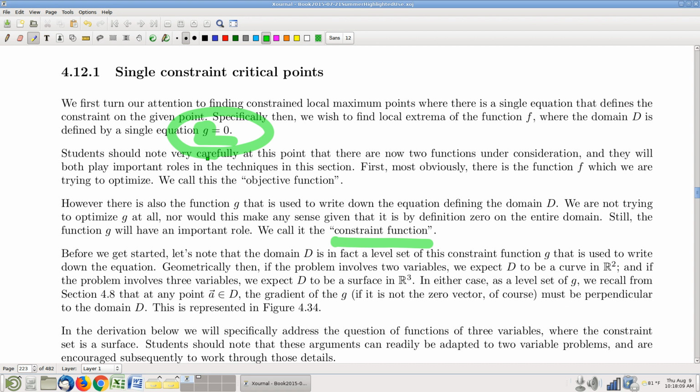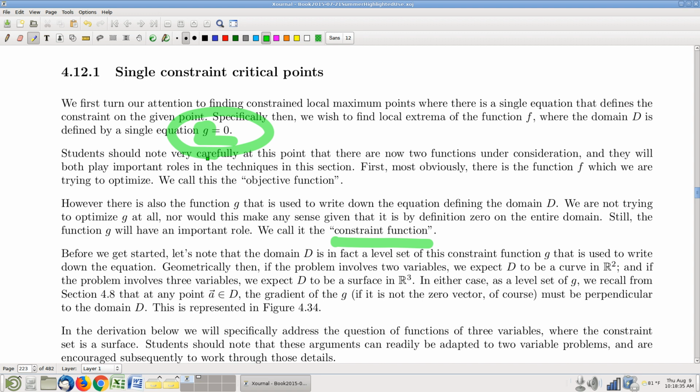Our initial goal was to understand boundaries of solids, but we're going to, in effect, address any optimization problem where our constraint is described by an equation. So, for example, we can open it up now to what if our surface is not even a boundary at all? What if our surface is like a plane that extends infinitely in all directions?